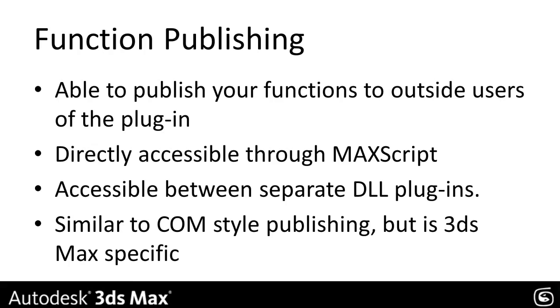It provides an independent means for you to publish essentially an API from your plugin to allow others to work with it. So again, it is accessible directly through MaxScript, and also between separate DLL plugins. The idea is that it's similar to COM style publishing, but it's 3ds Max specific. So it uses the same ideas as COM, but it's implemented internally with 3ds Max.